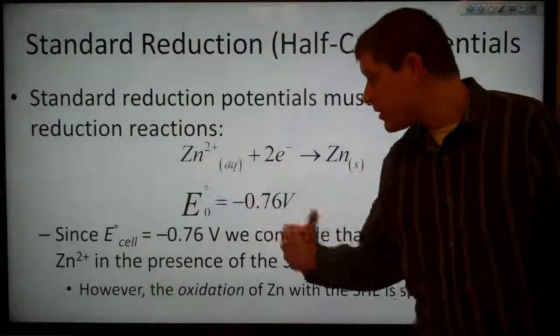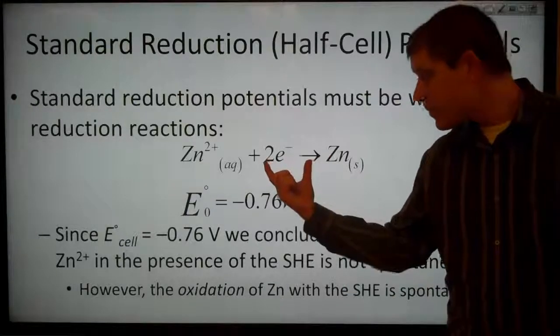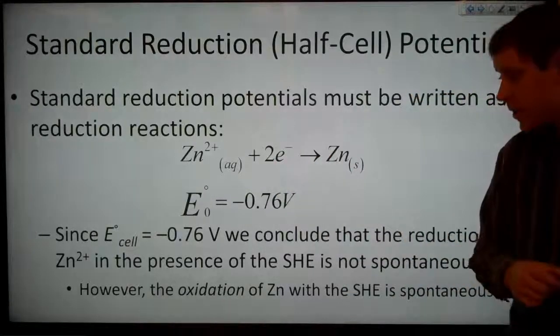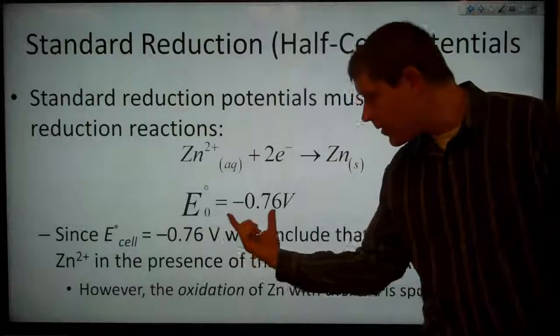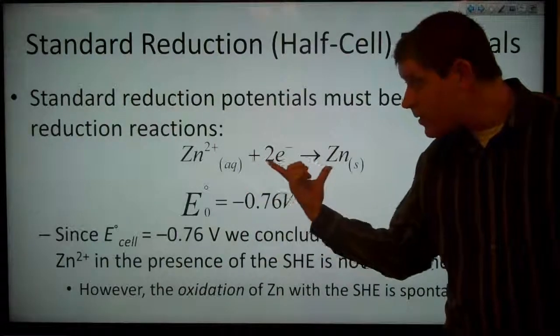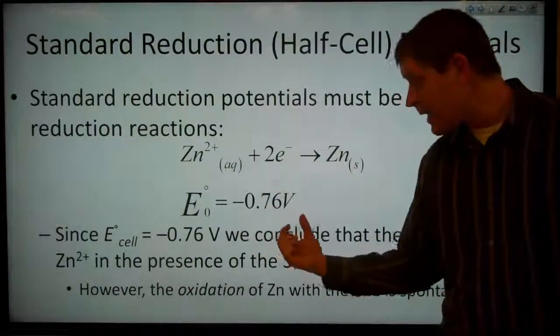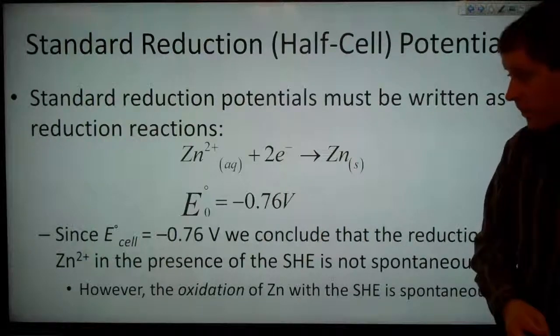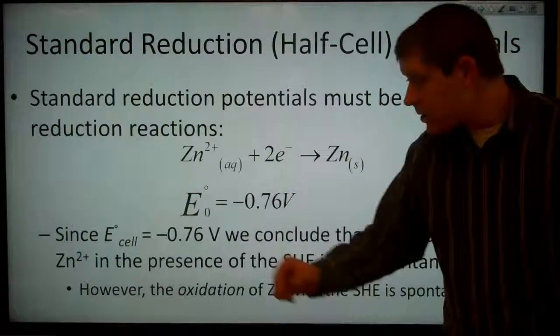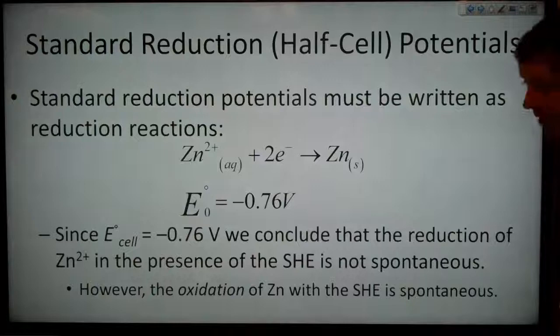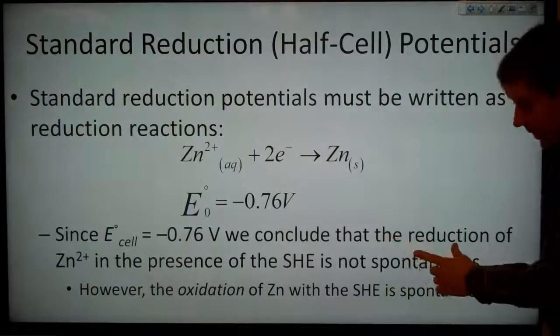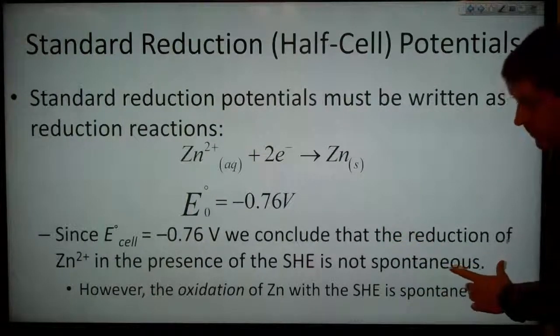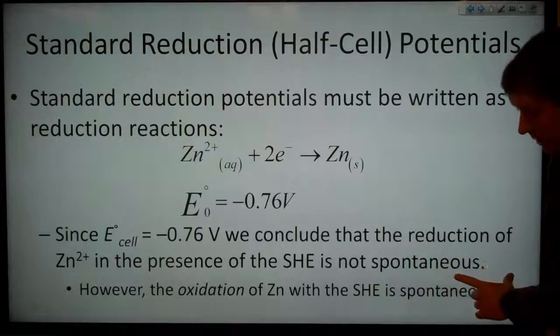So we have the zinc 2 plus plus 2 electrons goes to zinc 0, and here our voltage for that reduction is negative 0.76 volts. And so since our standard potential there is negative 0.76 volts, we can then say that the reduction of zinc in the presence of the standard hydrogen electrode is not spontaneous.